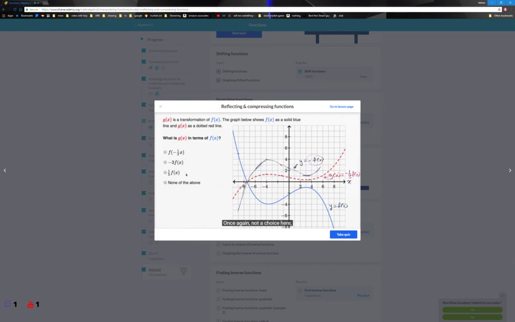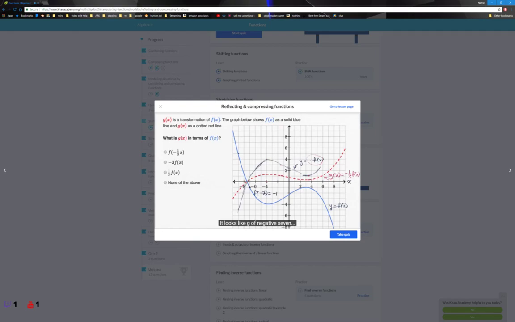Once again, not a choice here, but let's actually look at some values. Let's see some values where it looks like we're hitting integer values. So for example, right at this point, right over here, it looks like f of negative 7 is equal to negative 1.